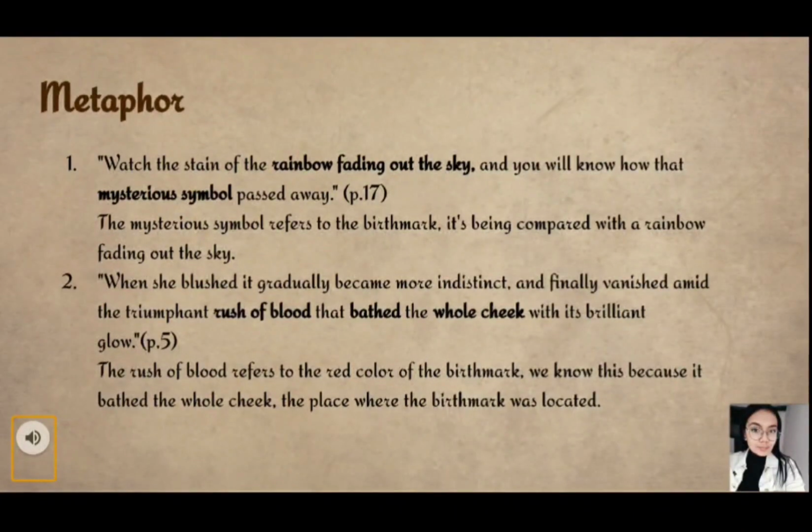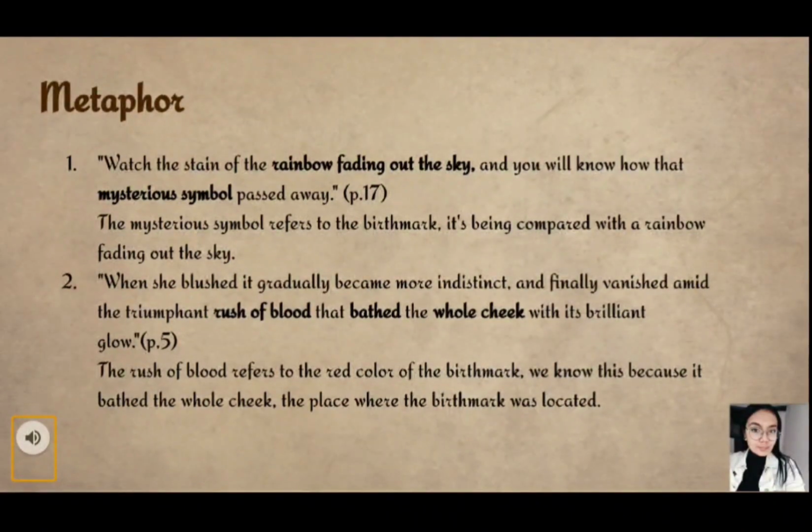In the second example, we have: when she blushed, it gradually became more indistinct, and finally vanished, amid the triumphant rush of blood that bathed the whole cheek with its brilliant glow. So the rush of blood refers to the red color of the birthmark. We know this because it bathed the whole cheek, the place where the birthmark was exactly located.